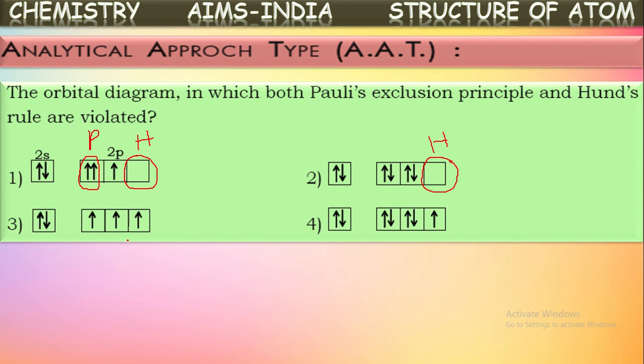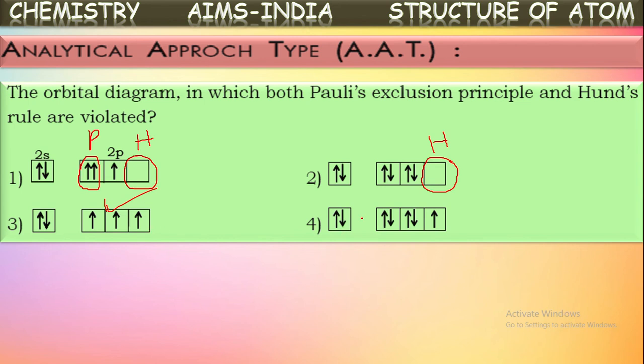Next, the third configuration: after filling 2s completely, electrons go into 2p, and all the degenerate orbitals are occupied with a single electron. No pairing has taken place. So this completely follows both principles. Yes.